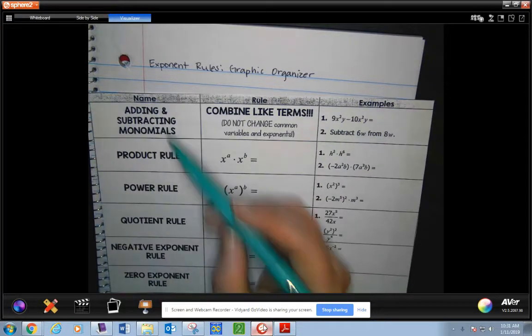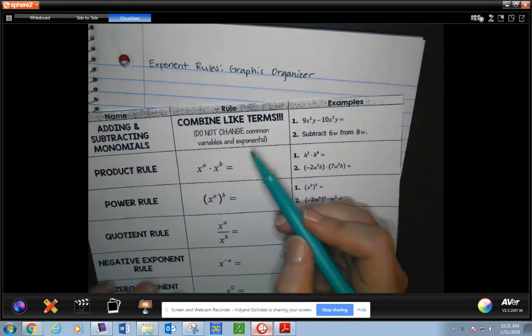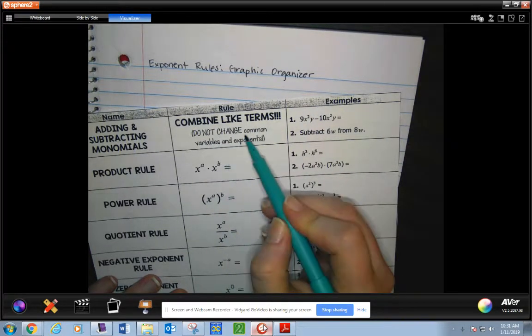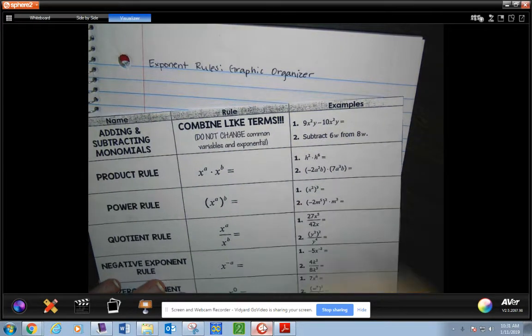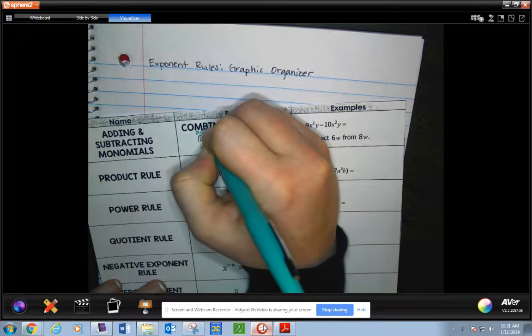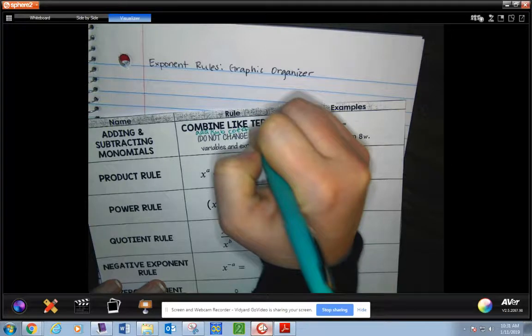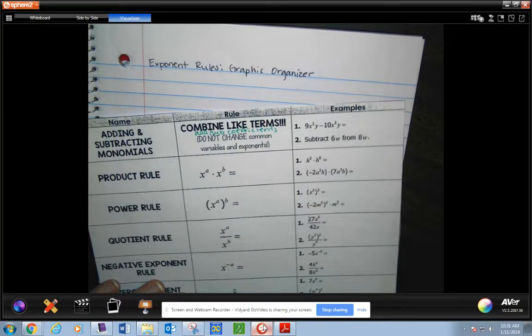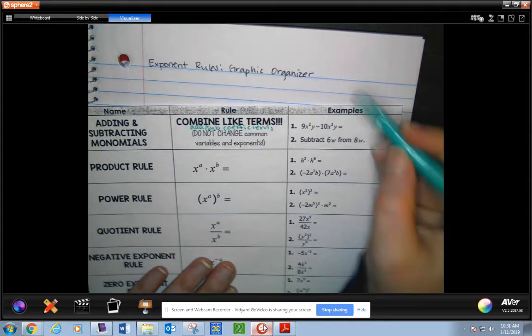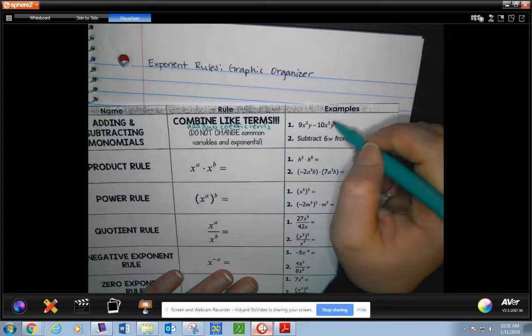When you're adding and subtracting monomials, remember you do not change common variables and exponents. You are only going to add or subtract coefficients. Okay, so for number 1, I have 9x squared minus 10x squared y.